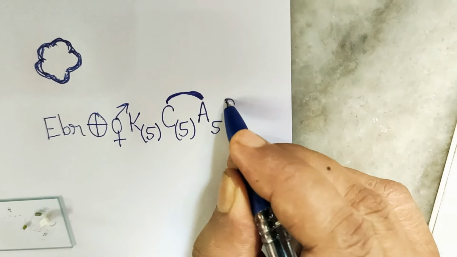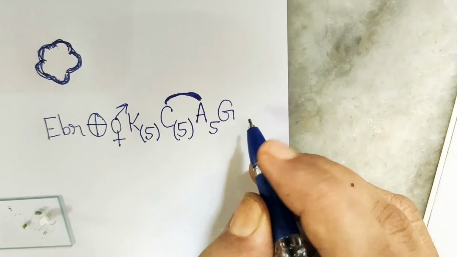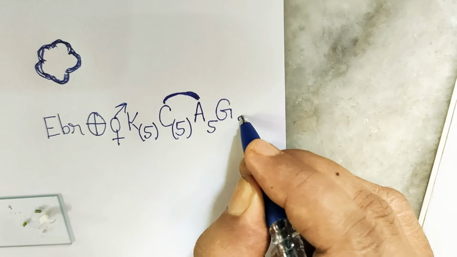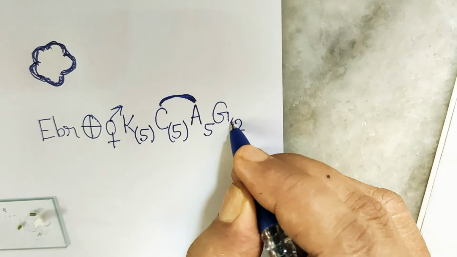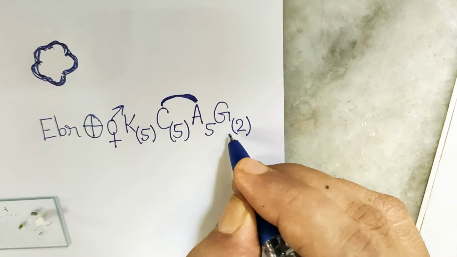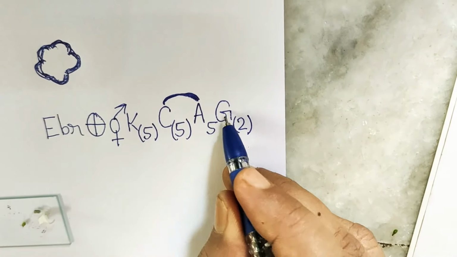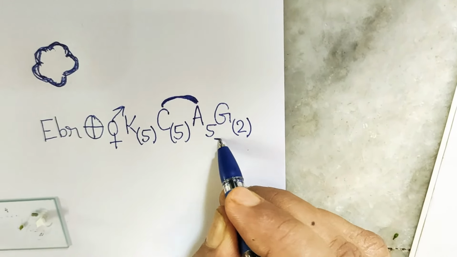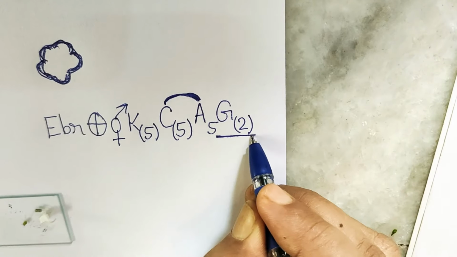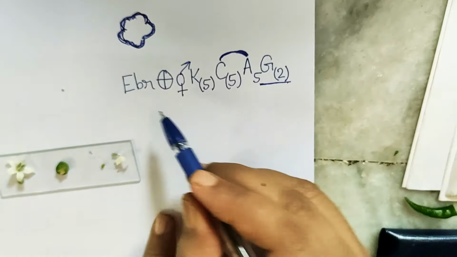And then gynoecium, with G you will be representing, and gynoecium were 2 in number, and they were syncarpous, that means they were fused with each other, so bracket you will be putting, and it was superior, so for superior we put an underline below the gynoecium.